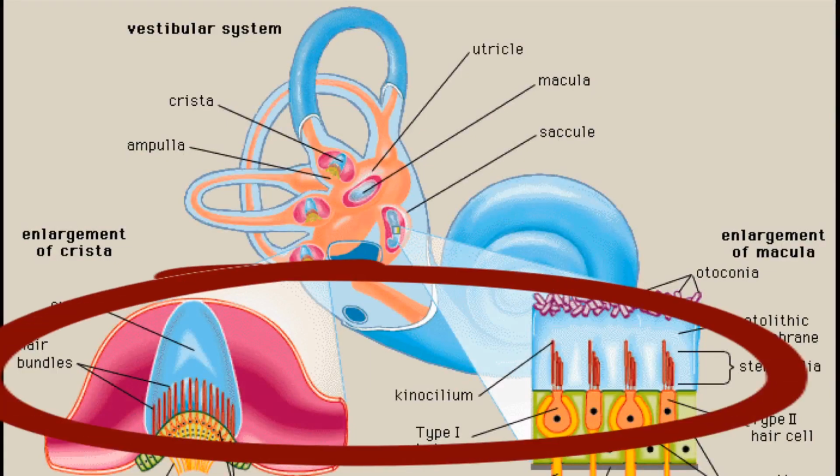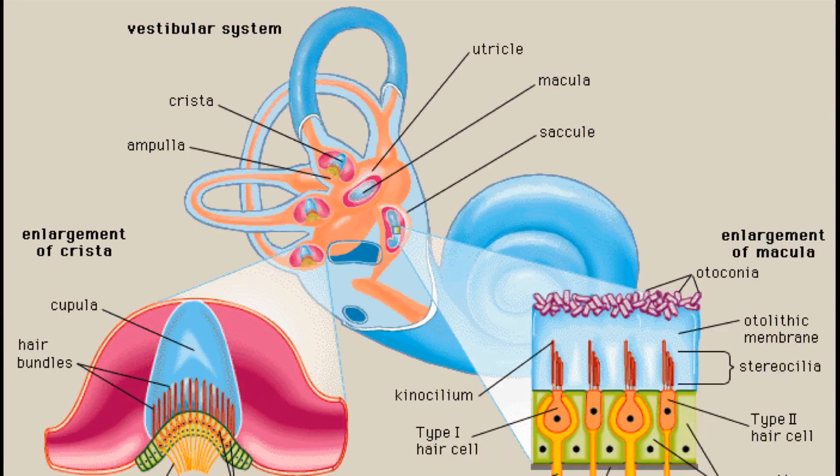So the sensory hair cells present in the vestibular apparatus are responsible for identifying the movements of the head and thereby help to maintain the equilibrium of our body.